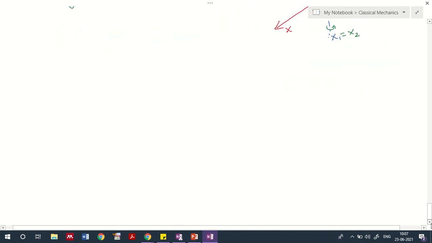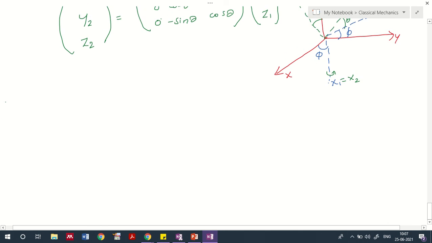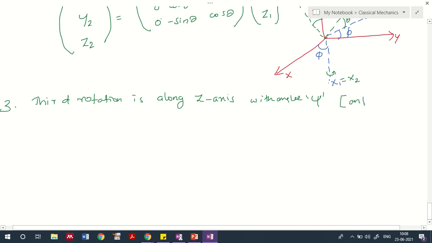Moving on to the third step. The third rotation is along the z axis again, with an angle psi in anti-clockwise direction.